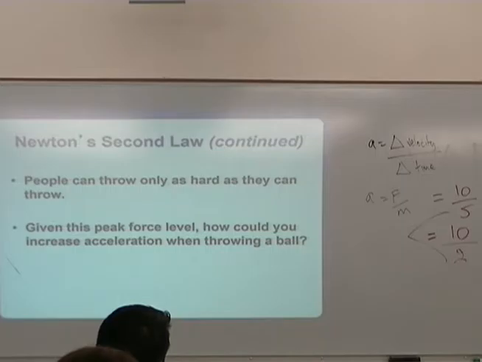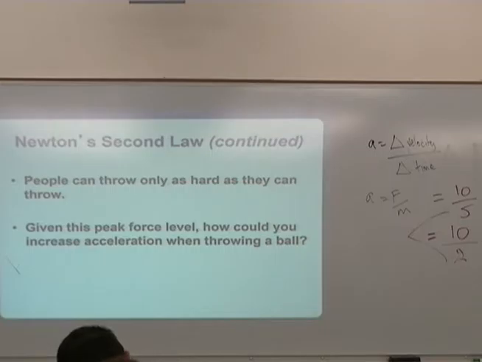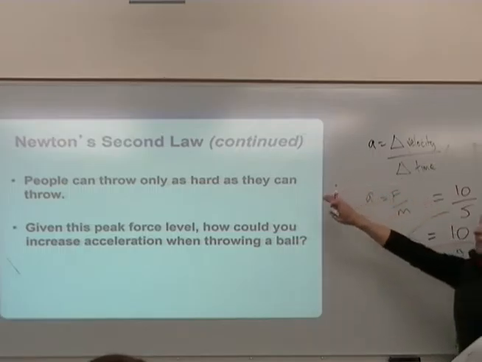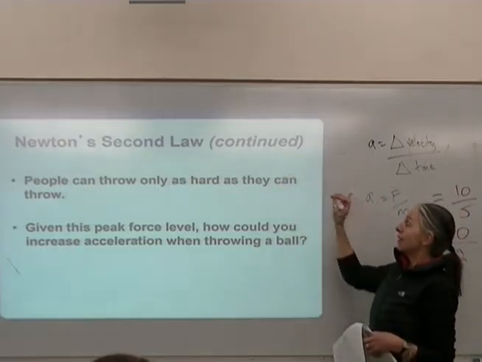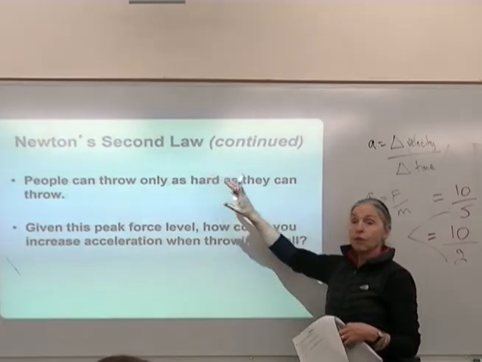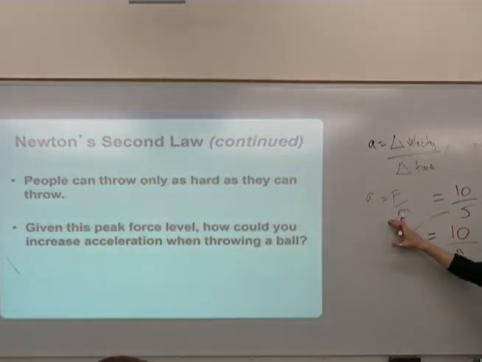Very good. So I change a task constraint. I improve performance. We get better throwing. We get better catching. Everybody's happy, right? I change the task constraint because I know that A equals force over mass.